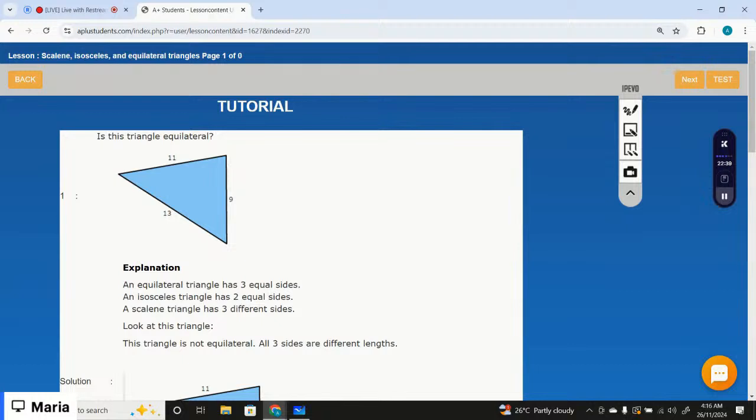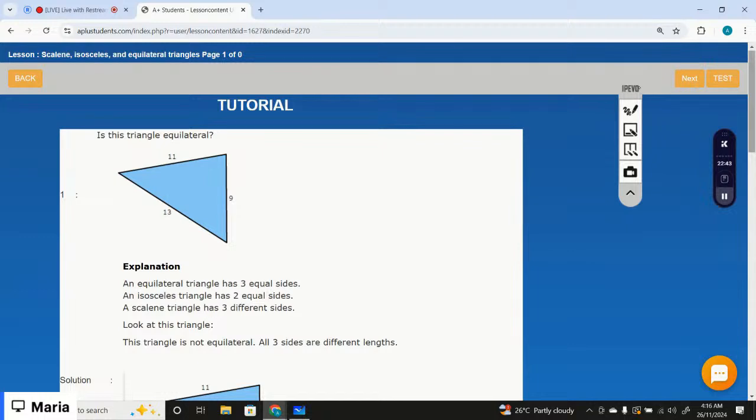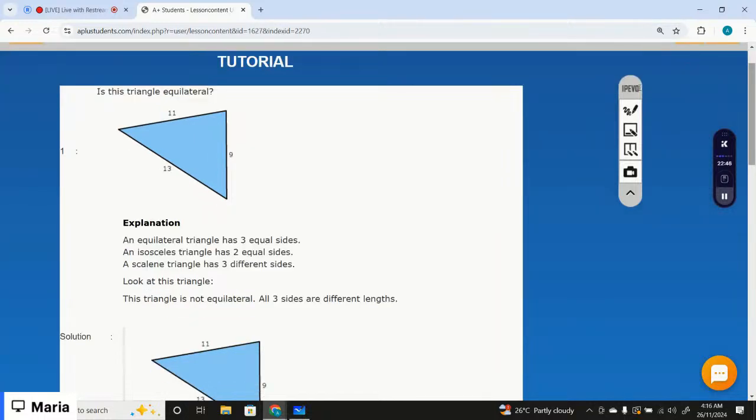So let's just see what type of triangle this is. An equilateral triangle has three equal sides. An isosceles triangle has two equal sides. A scalene triangle has three different sides.